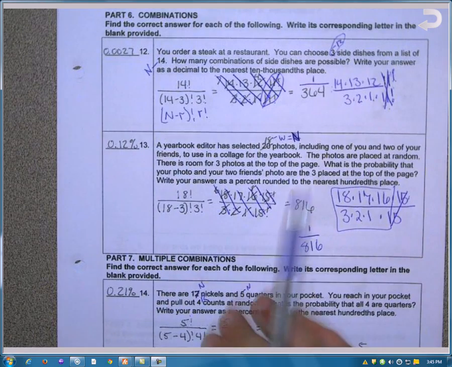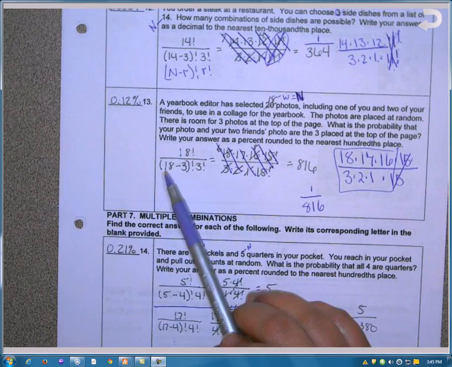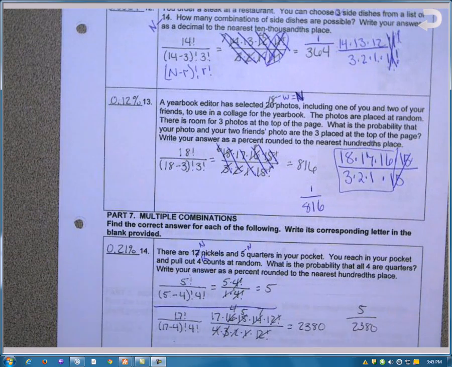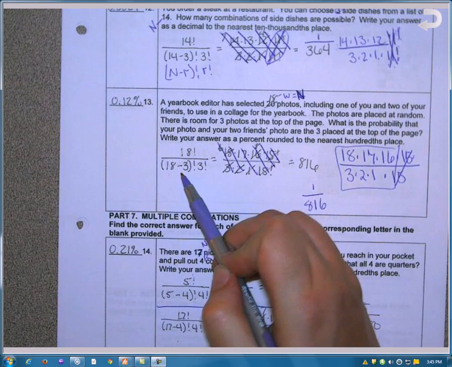All right, so on 13, you've got 18 factorial over 18 minus 3 factorial times 3 factorial. Well, 18 minus 3 is 15.